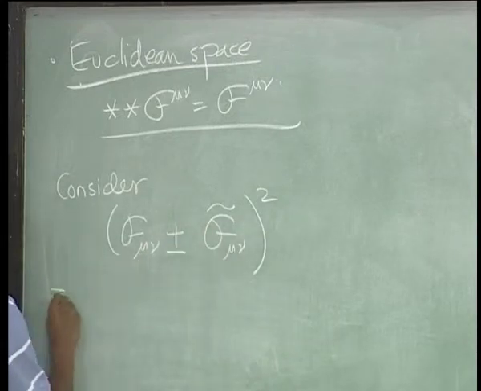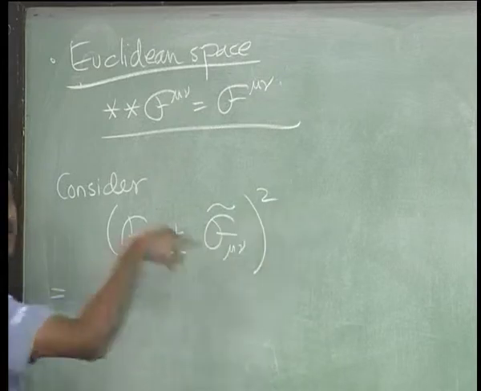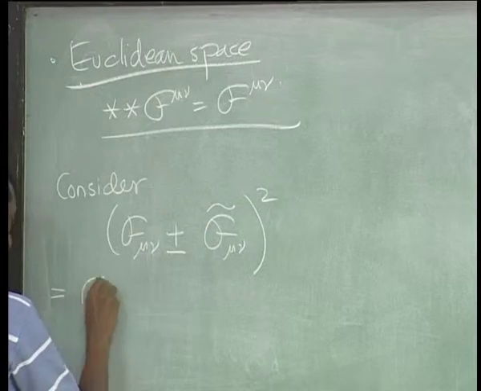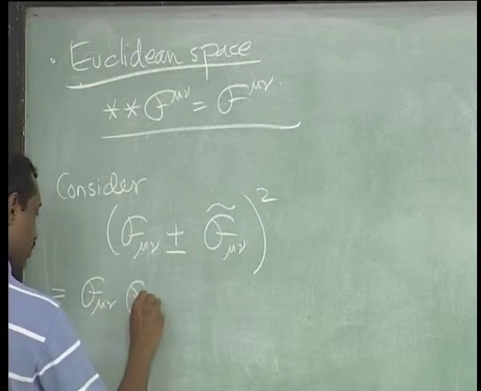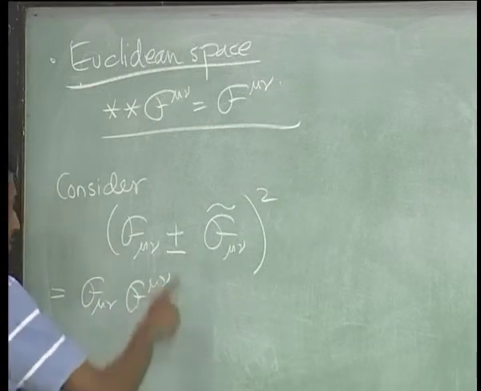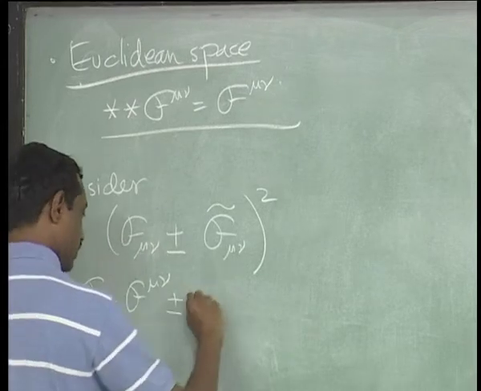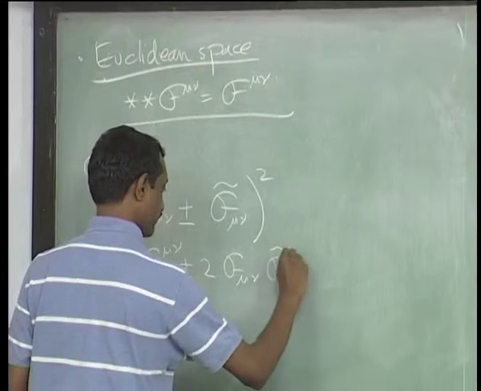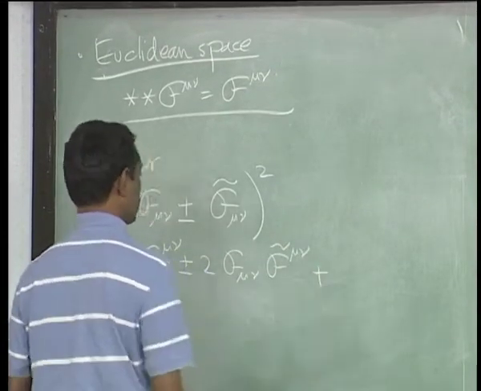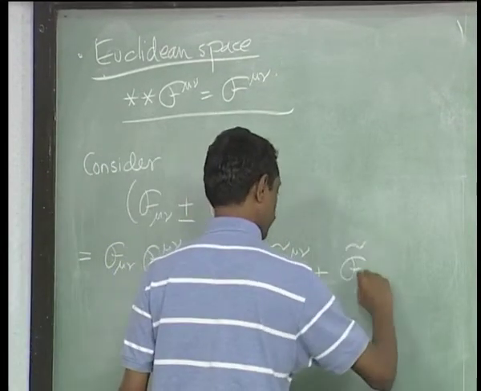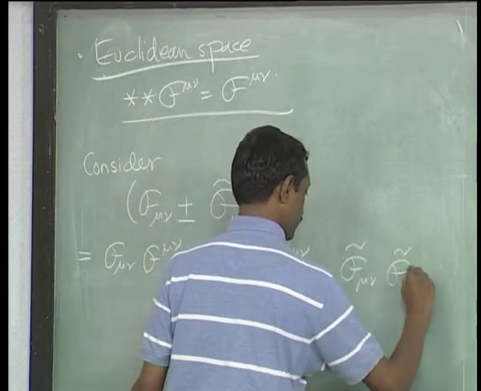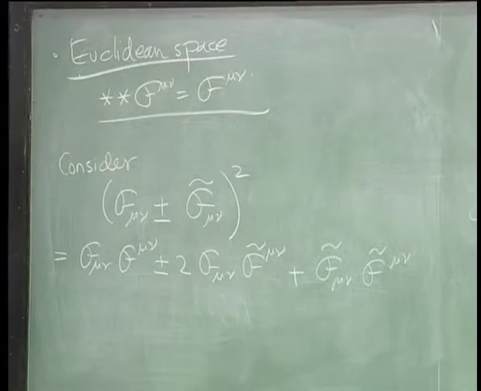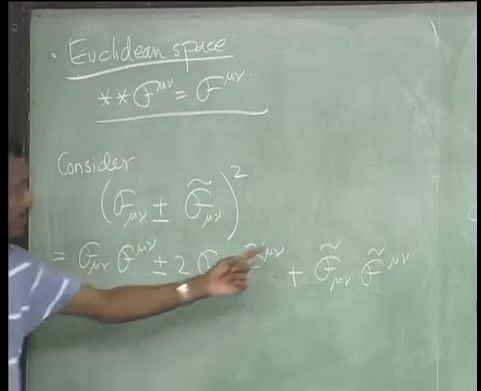If I expand this, by this I mean writing the other one with one upper index etc., you can see that I get f mu nu f mu nu, and then plus or minus 2, plus the f tilde term. But there is an important point here.